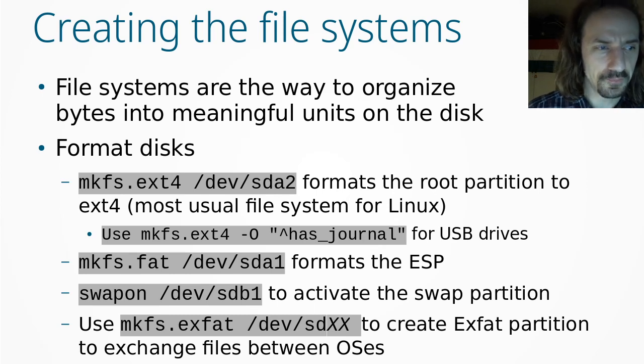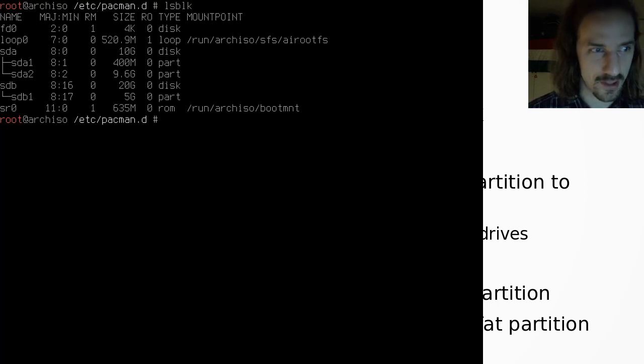As a newbie, using ext4, extended, for your Linux partition is going to be good. So we can make this file system on our disk by using the mkfs.ext4 command and we can type in /dev/sda2. This is sda2, the 9.6 gigabyte root partition we made.